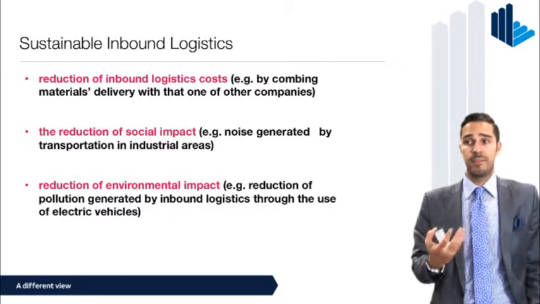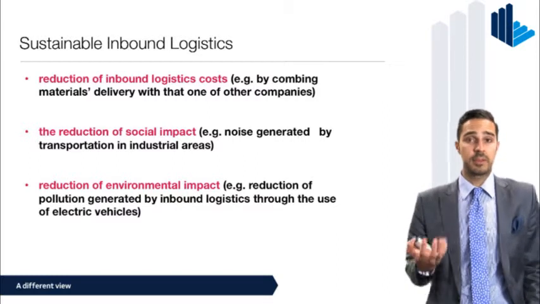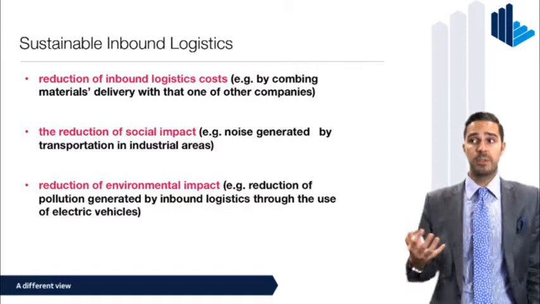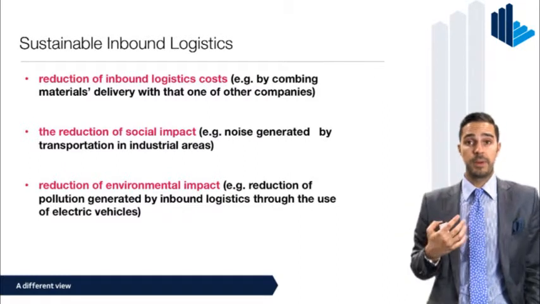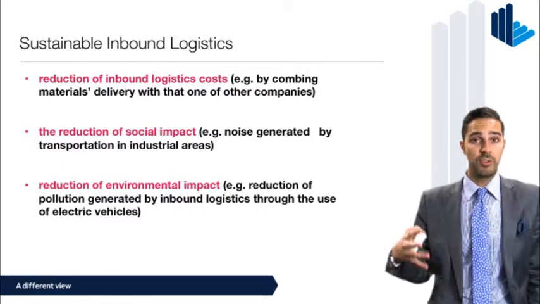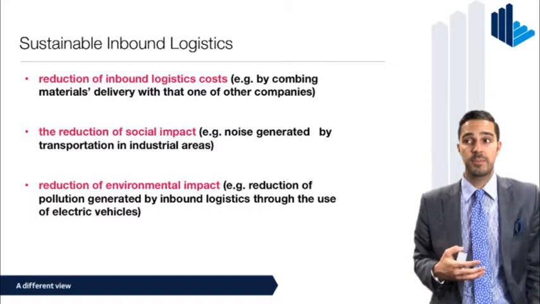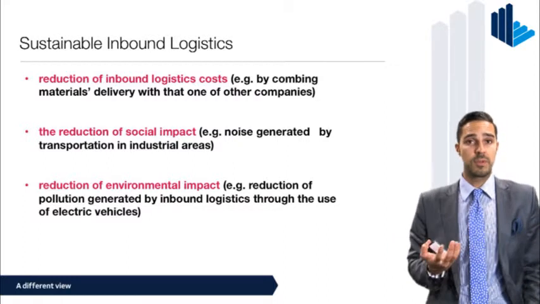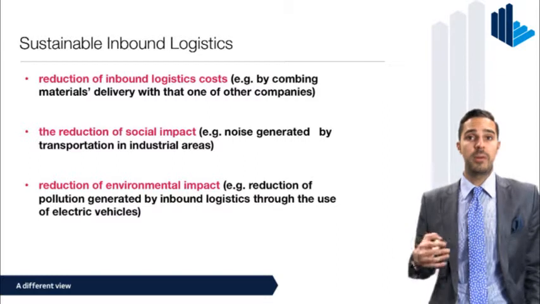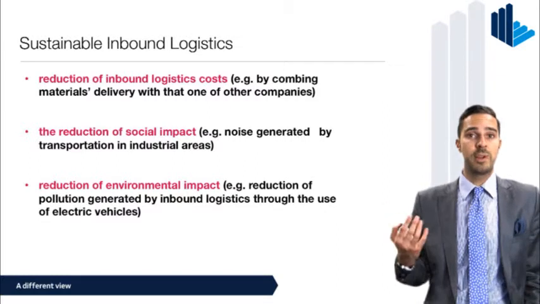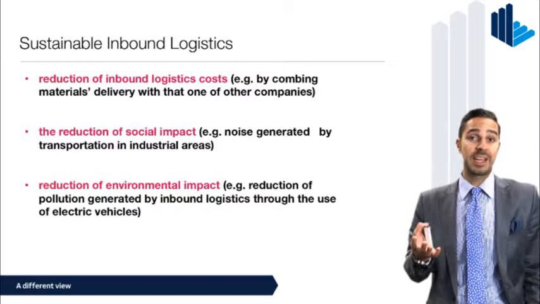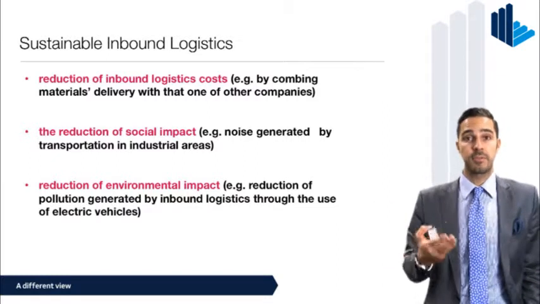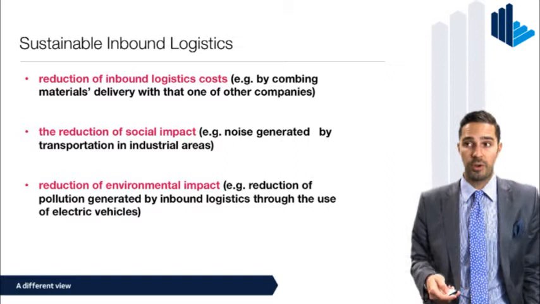Last, there is the environmental aspect. Basically, inbound logistics call for the use of different transportation systems. You might, for example, consider the use of electric vehicles to reduce your carbon emissions, or more specifically, the carbon emissions associated to these processes.